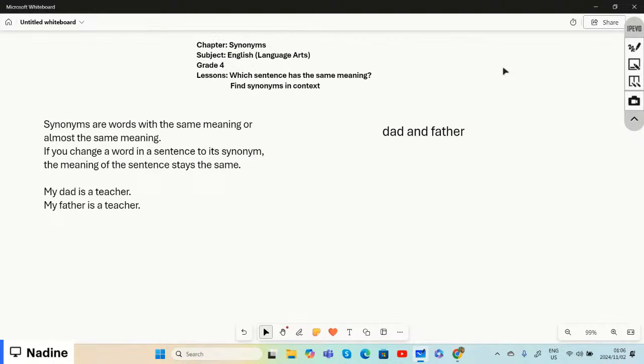This is a continuation of our previous lesson on synonyms, right? So we're just going to continue now on synonyms. Synonyms are words with the same meaning or almost the same meaning.